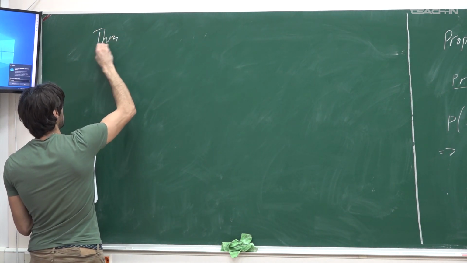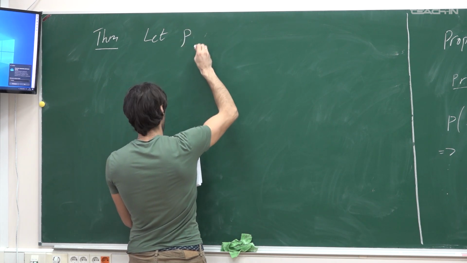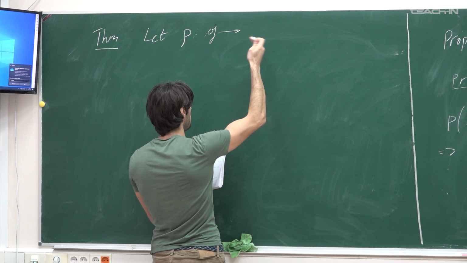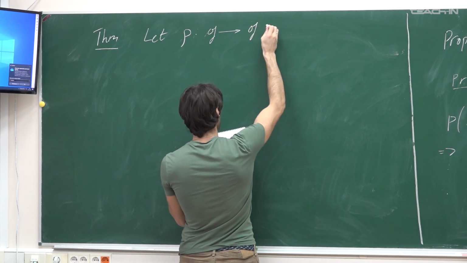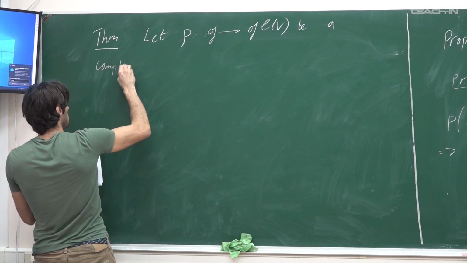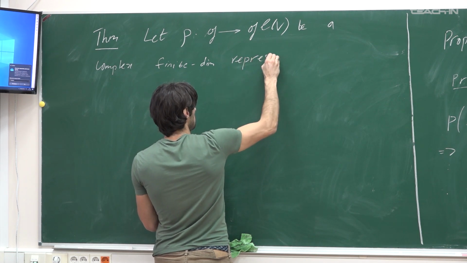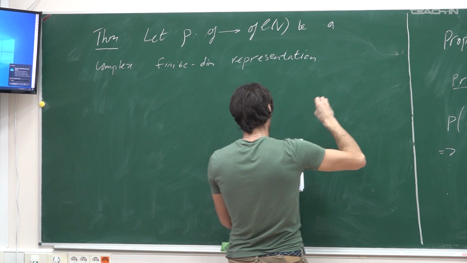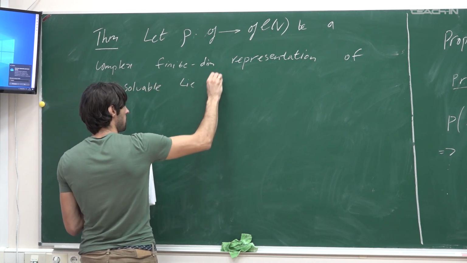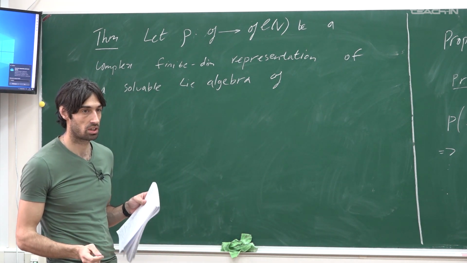So, theorem: let rho be a homomorphism from G to GL(V), a complex finite dimensional representation of a solvable Lie algebra G. By the way, I don't care if the Lie algebra is real or complex, but I care that the representation is complex.